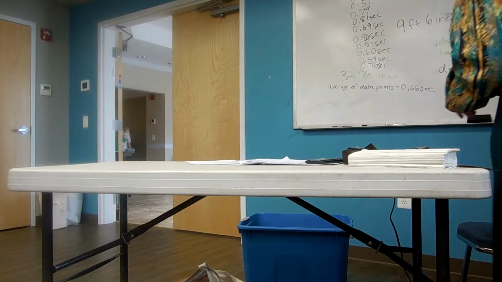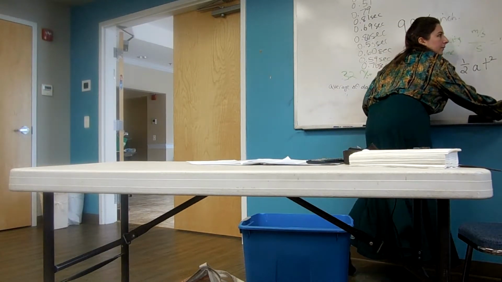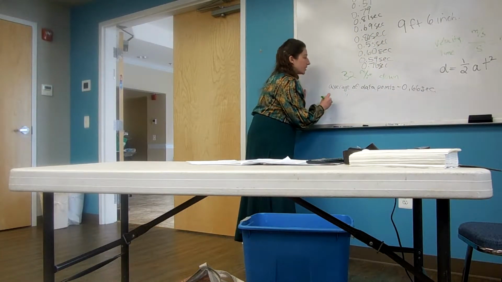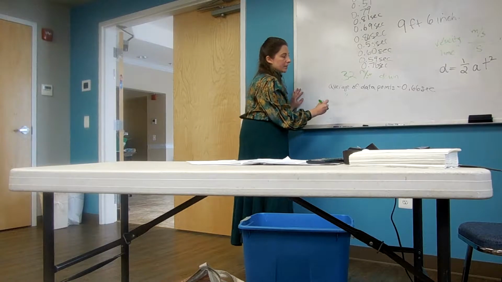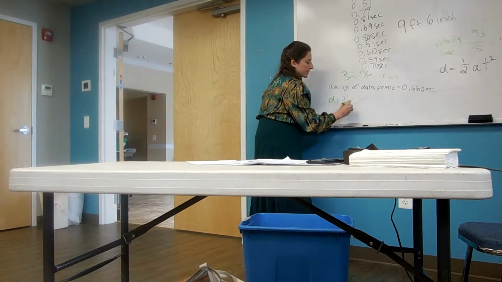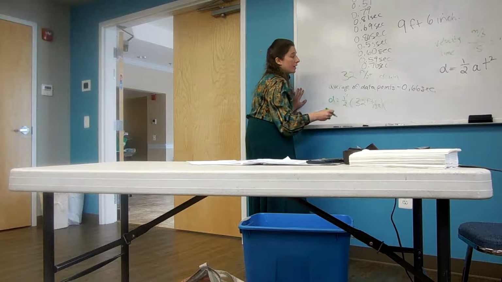So let's see what we get if we plug in the numbers. I might have to find a new pen here. So we know our equation for this is going to be distance equals 1/2 times acceleration, which is 32 feet per second squared down, times time squared.